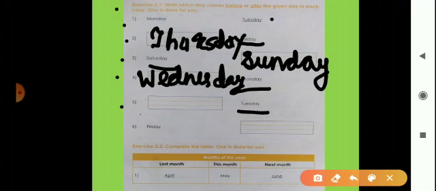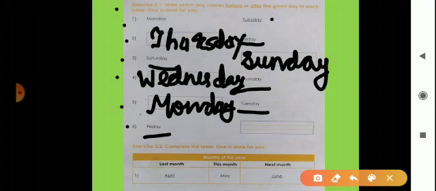Here is Tuesday. So what is the day before Tuesday? Here is Monday. Okay, Monday, Tuesday. Now the sixth number here is Friday.